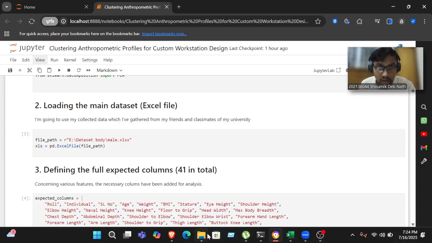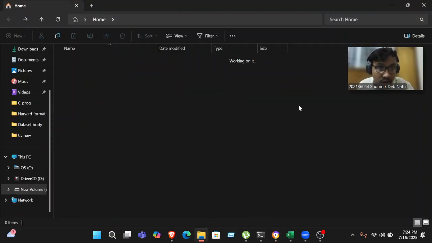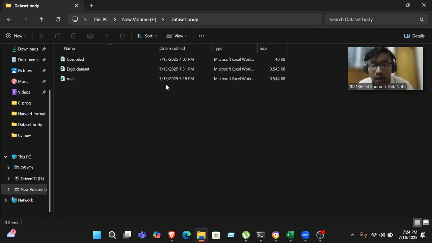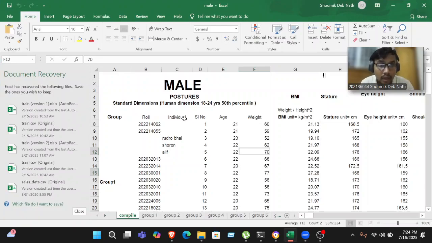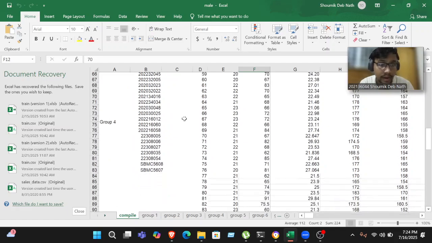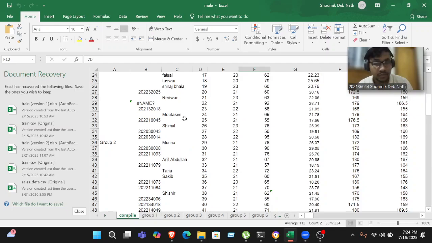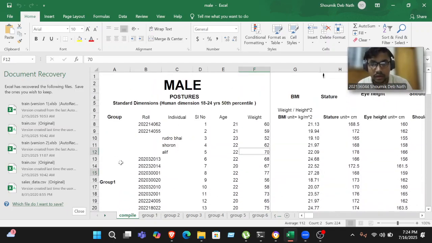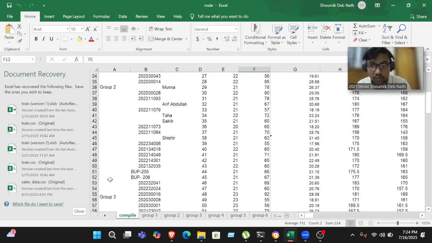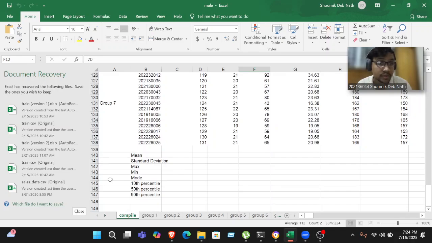So here is the main data set. I have stored the data set in this folder of mine. This is the compiled sheet that I'm showing you right now. It consists of 7 groups in total: group 1, group 2, group 3, group 4, group 5, group 6, and finally group 7.